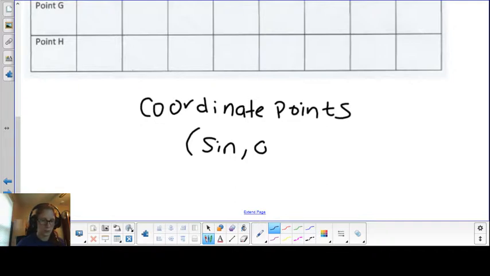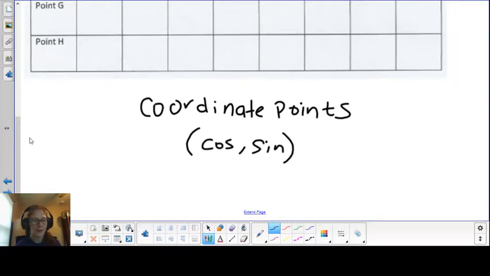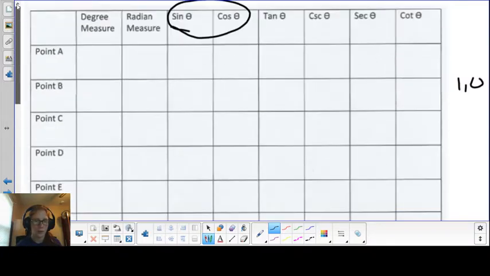Hold on, I'm reading off the top of my sheet where it says sine, cosine. They go cosine, comma, sine. So in my point A of 1, 0, my cosine is going to be 1, and my sine is going to be 0.